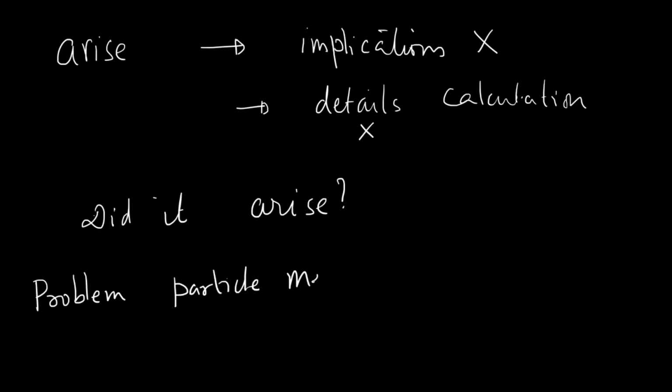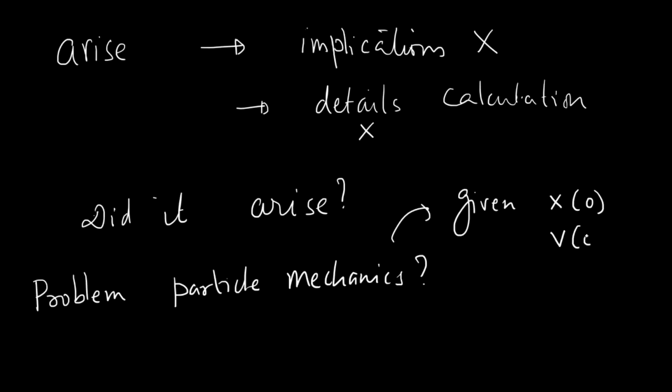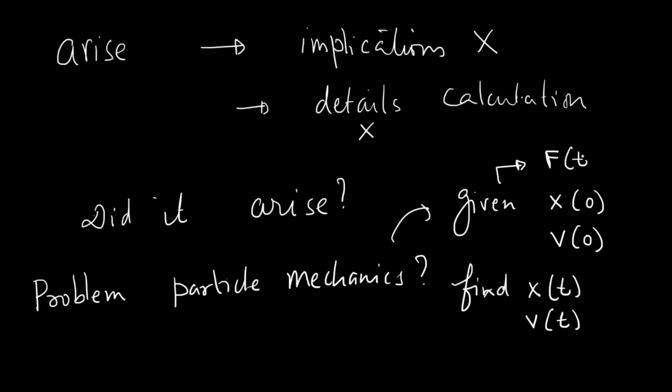One way that we have been used to this question is: given the initial position, which I'm just calling the position at time 0, and the initial velocity, find the position at every time and the velocity at every time. I just forgot to tell you that you're also given the force history, the force on this particle as a function of time.